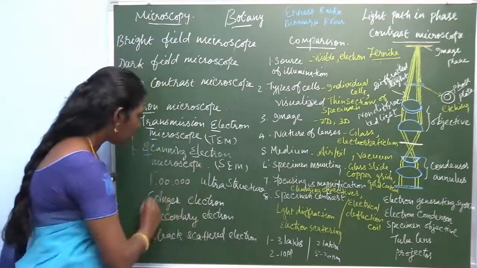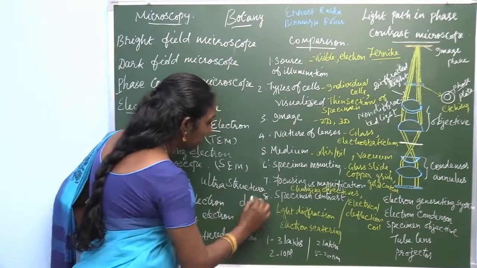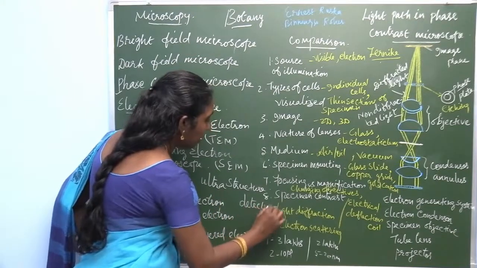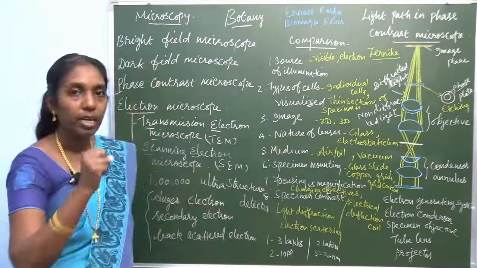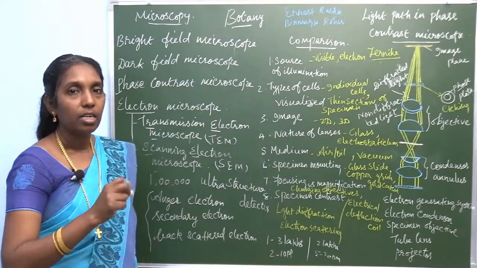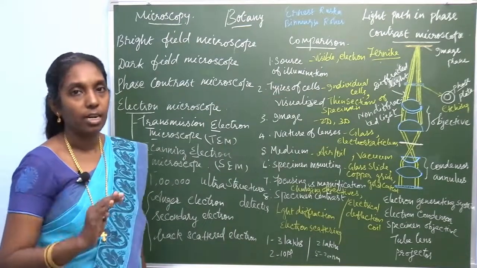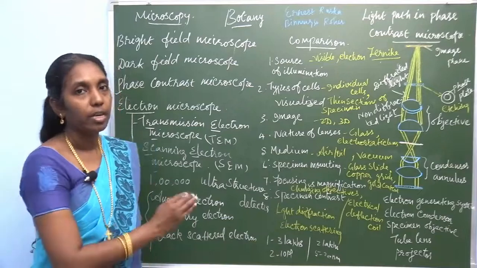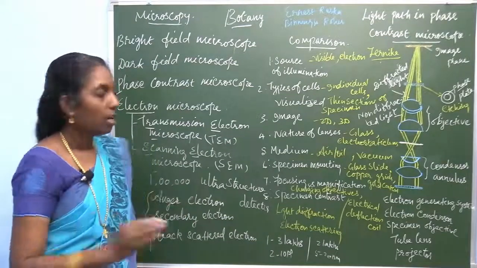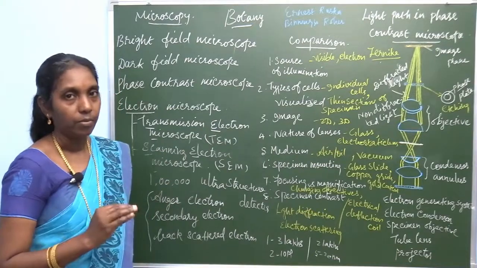These electrons are captured by a detector, and from the detector the image is viewed on the fluorescent screen. This is the principle by which the scanning electron microscope works.